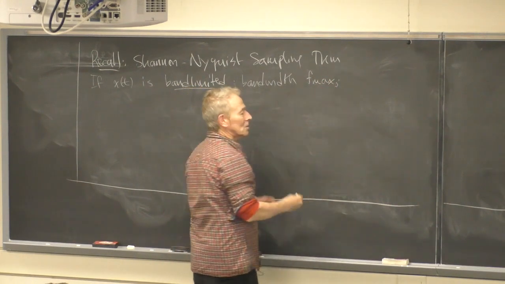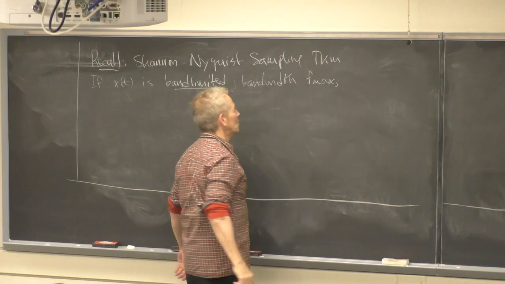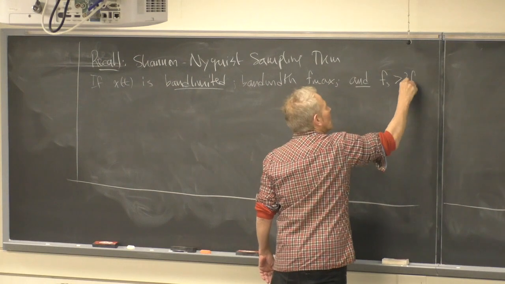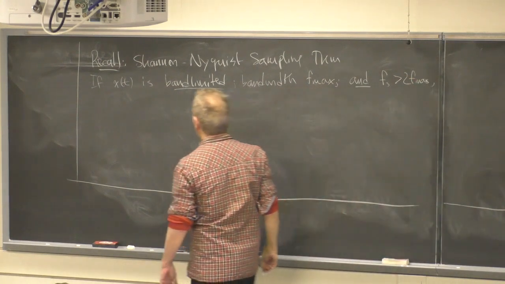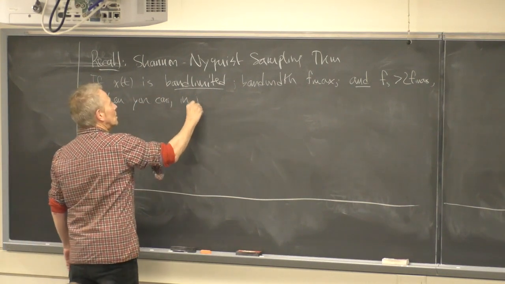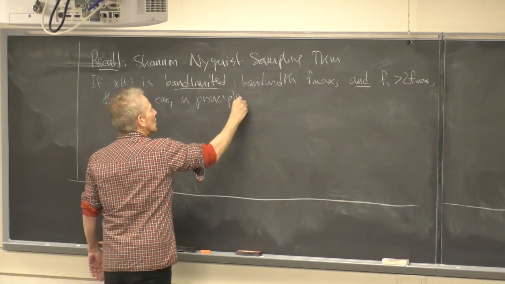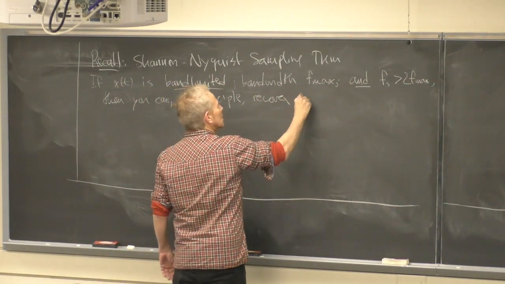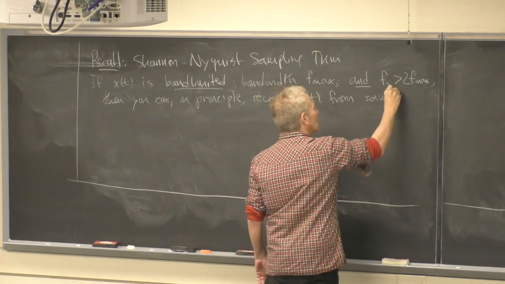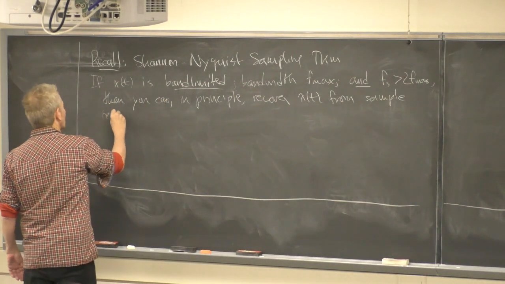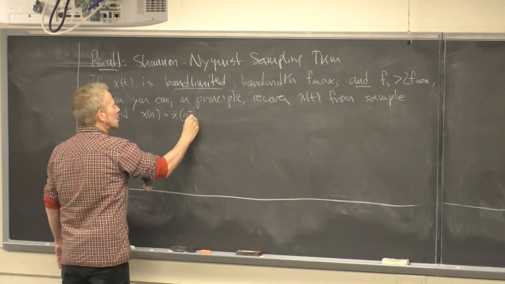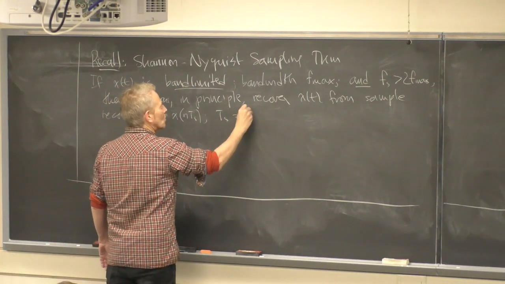So that would be the frequency of the maximum frequency term. And f_s is bigger than 2 f_max. Then you can, in principle, recover x(t) from the sampled record x[n] = x(nTs), where Ts is equal to 1 over fs.